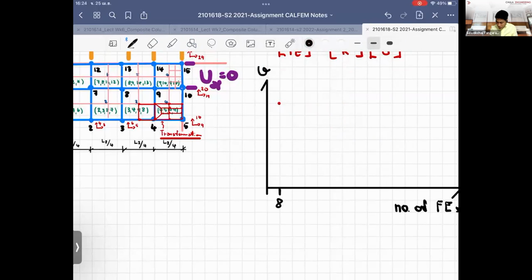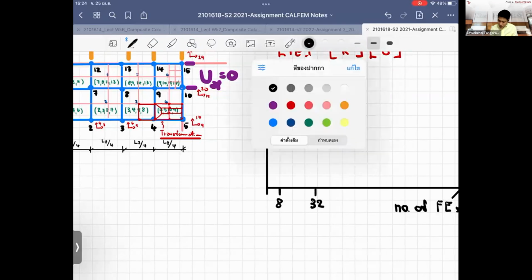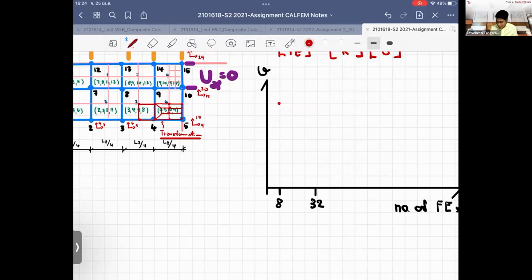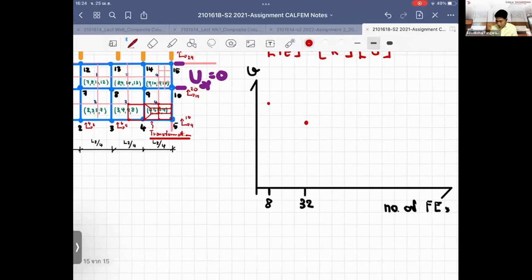And you discretize more. For example, next time you discretize them to be 32, you obtain another displacement value.